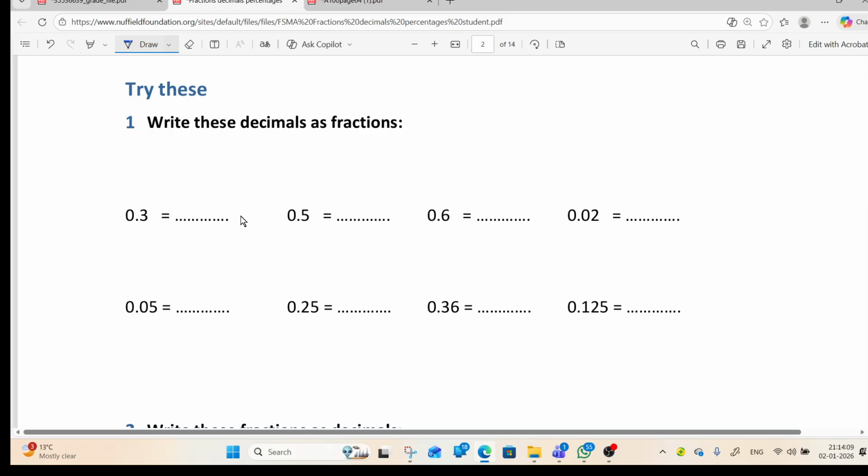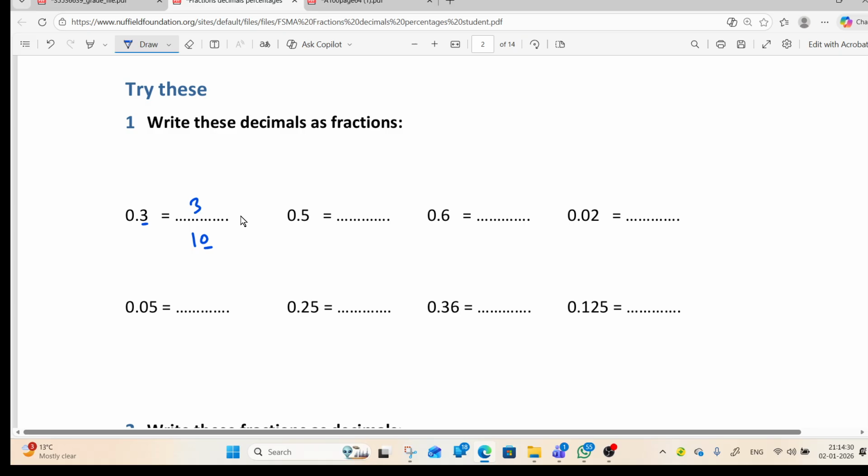Now let's try some questions. Write these decimals as fractions. Tell me 0.3 as a fraction quickly. 3 over 10. Very good. So you just need to check how many digits are there after the decimal point.